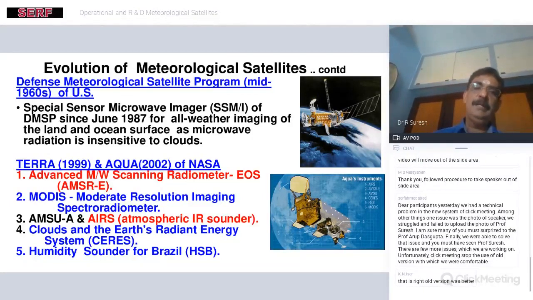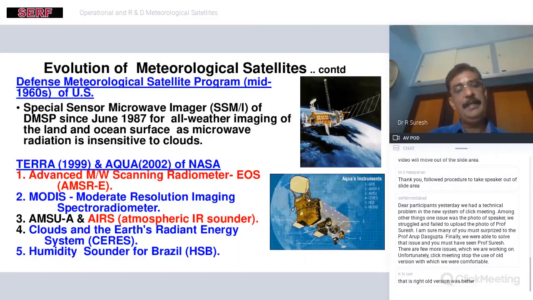With the advantage gained from the DMSP, some of the sensors used in DMSP were taken over and linked into the Terra and Aqua series of satellites by NASA.